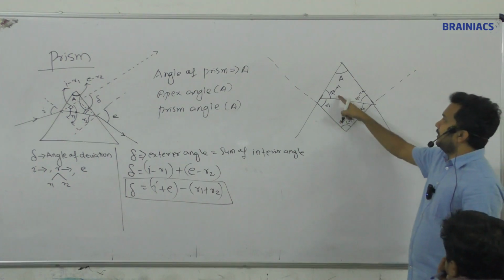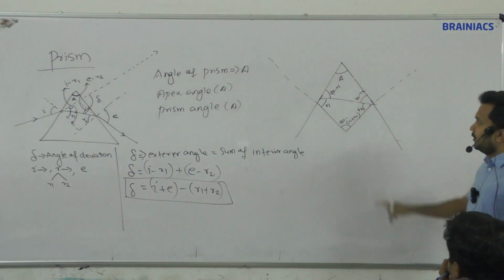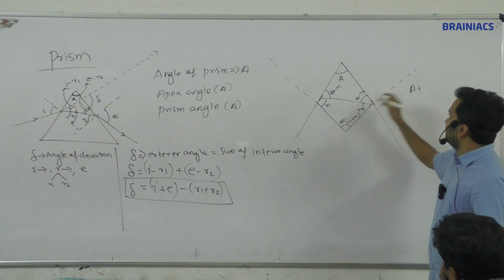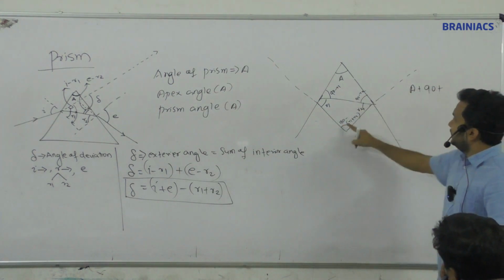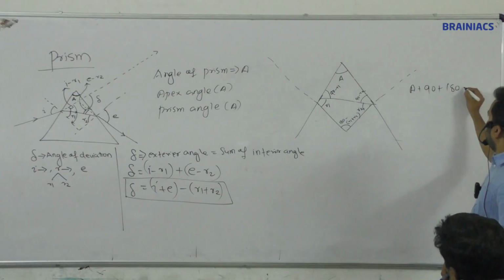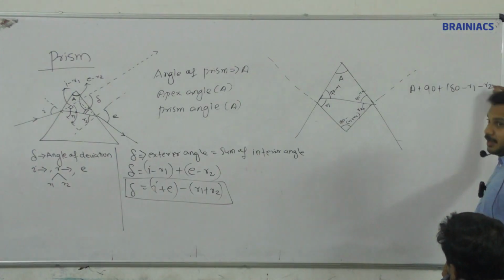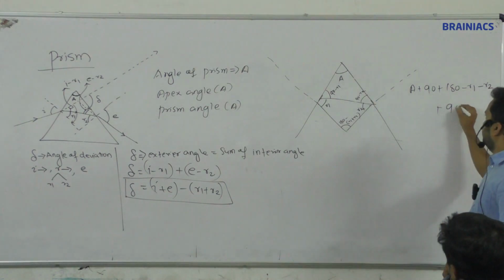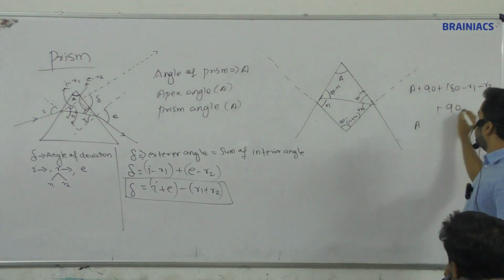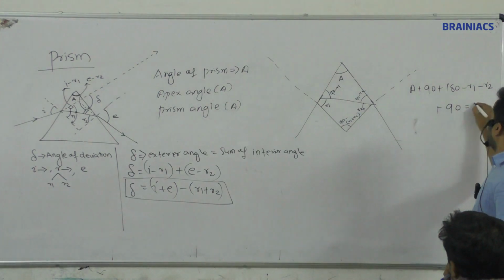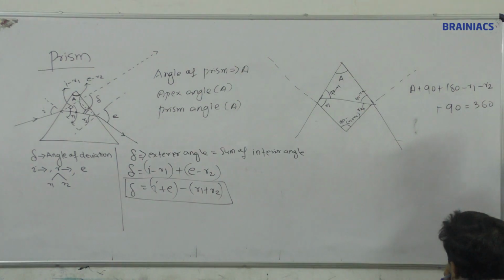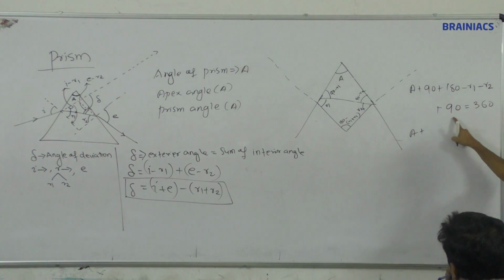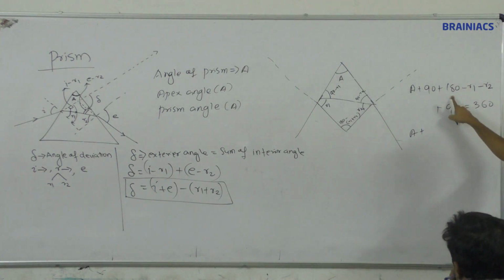So all together A plus 90 plus 90 plus the angle 180 minus R1 minus R2 equals 360.